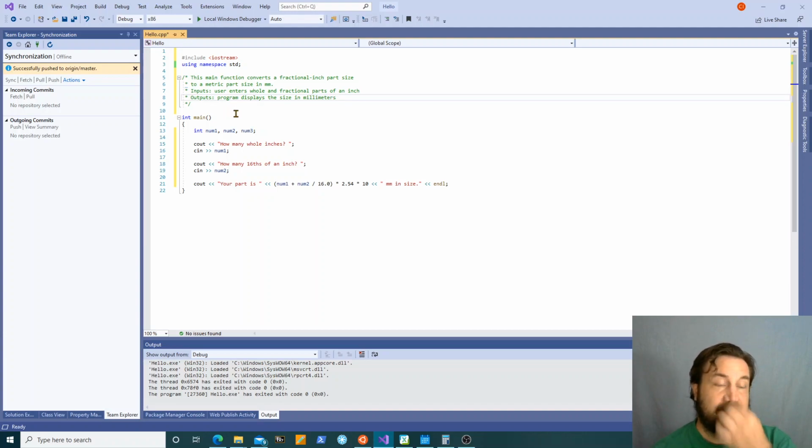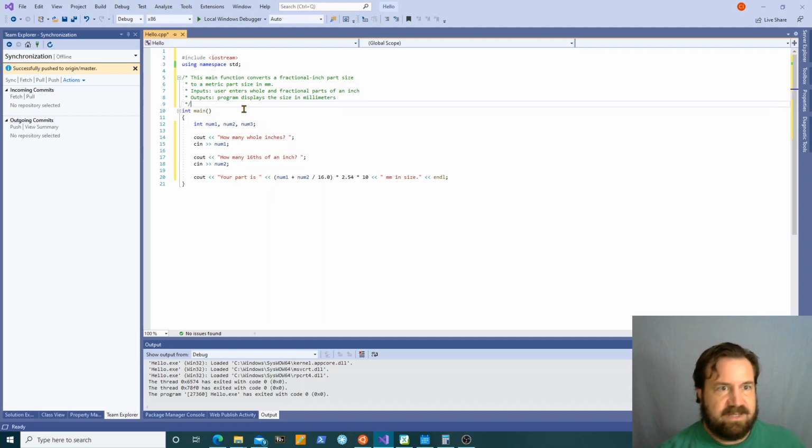Okay. So now somebody doesn't have to read my cout and cin statements to try to figure out what I'm doing here. I've actually told them ahead of time. Okay. So that's a use of a multi-line comment, and that's very handy.